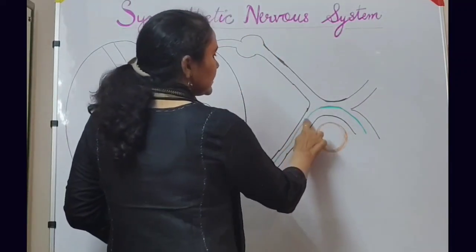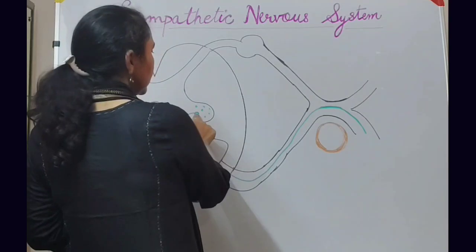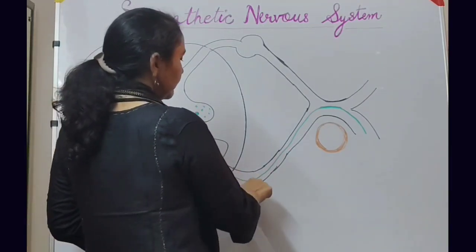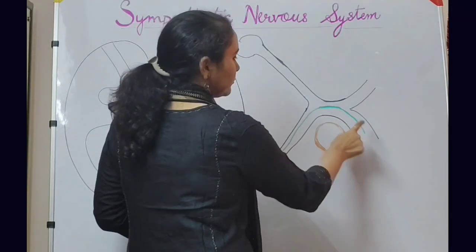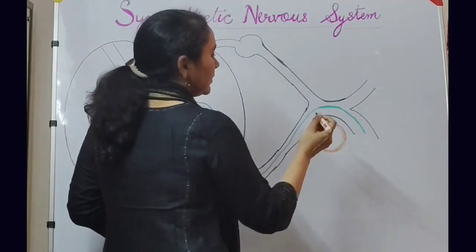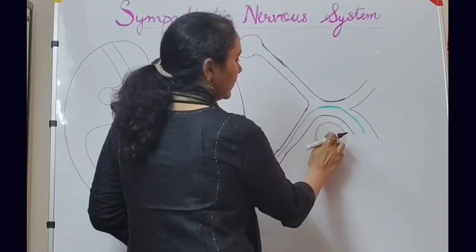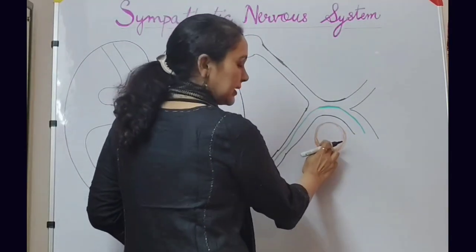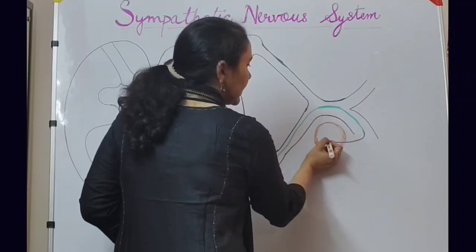Now, this preganglionic nerve arising from the lateral gray horn, passing through the ventral root, spinal nerve, ventral ramus, will communicate with the sympathetic ganglia through the white rami communicantes.